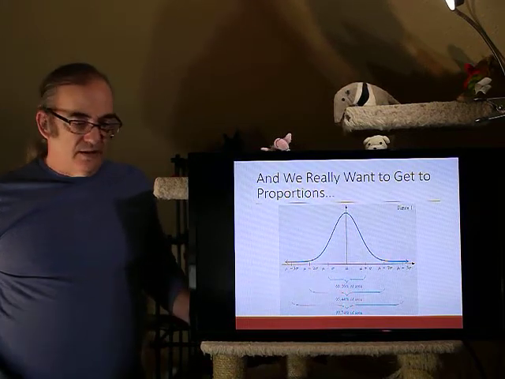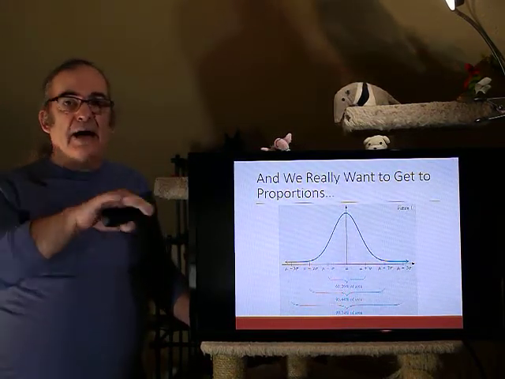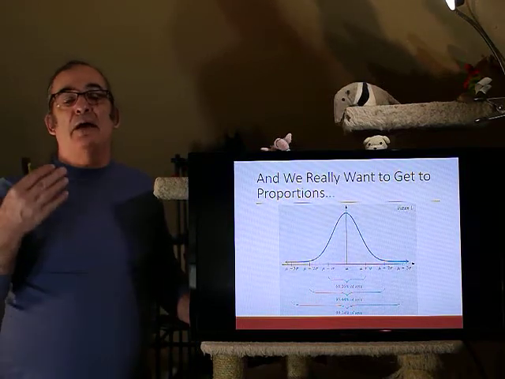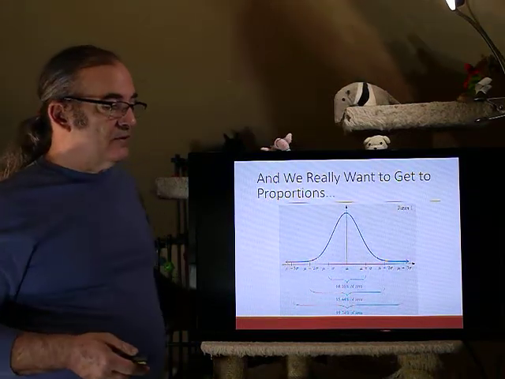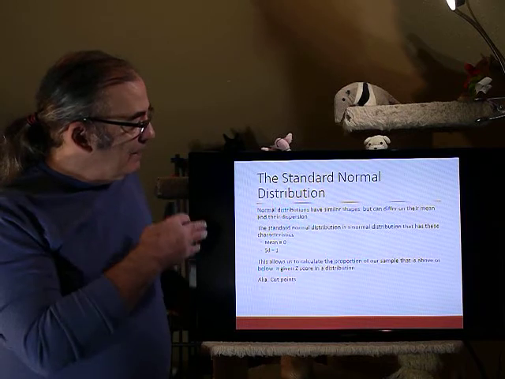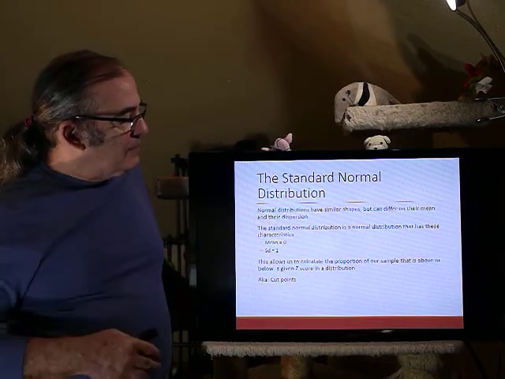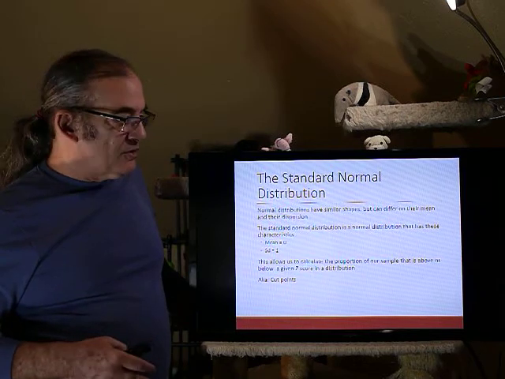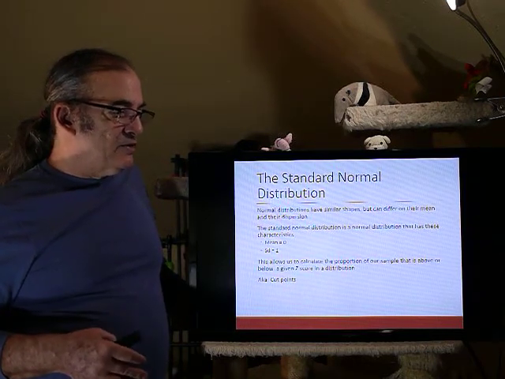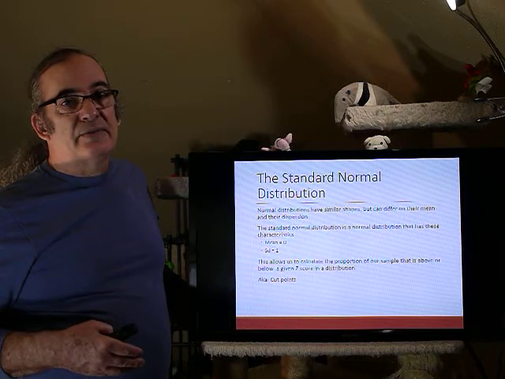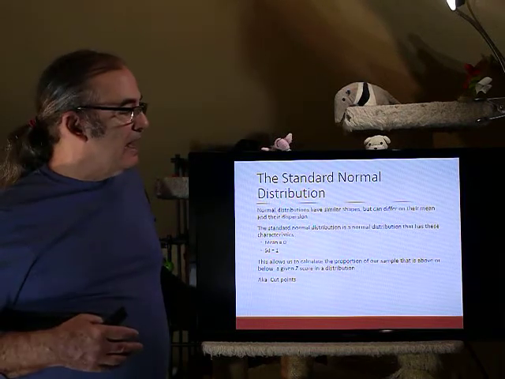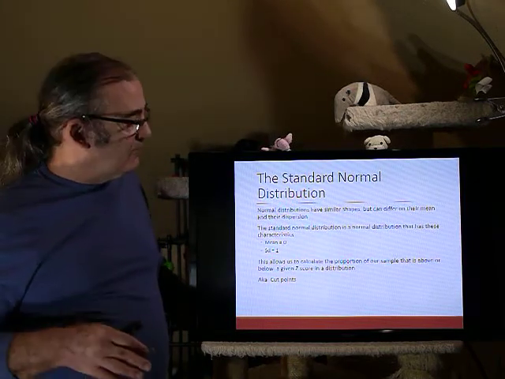So this, in fact, allows us to better understand how a trait or how any performance measure is distributed within the sample. So the standard normal distribution then, normal distributions have similar shapes but can differ on their mean and their dispersion. The idea here is we might take an existing distribution, do some statistical magic to convert it to a standard normal.